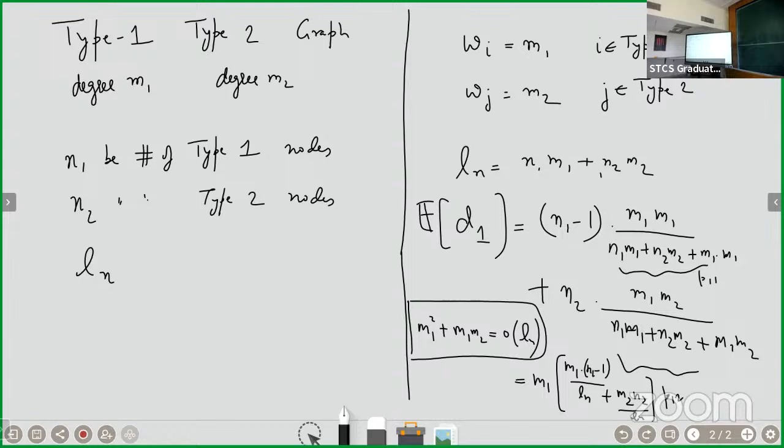In that case, you'll have to calculate the expected degree. Is it enough to draw W from a power law distribution?